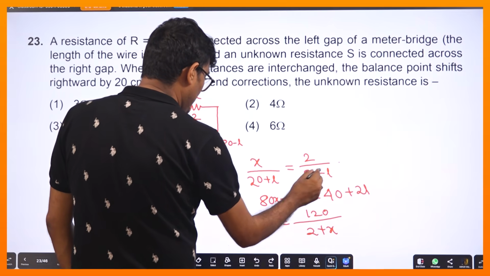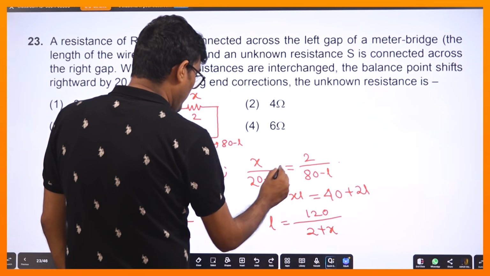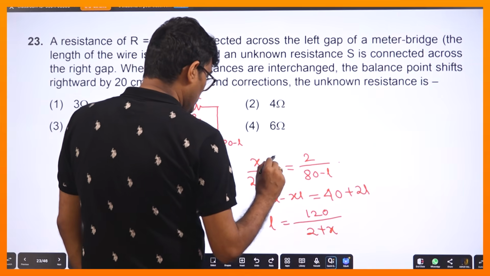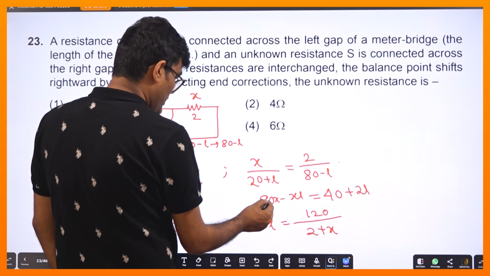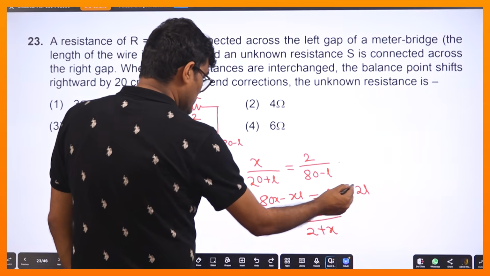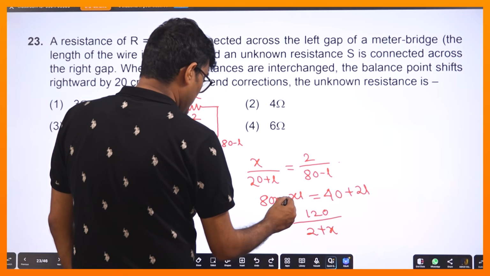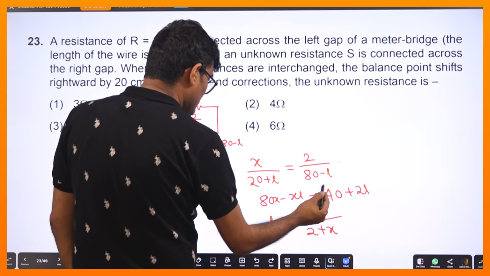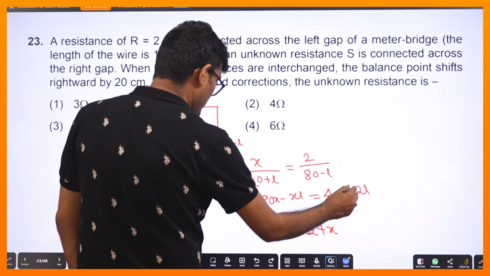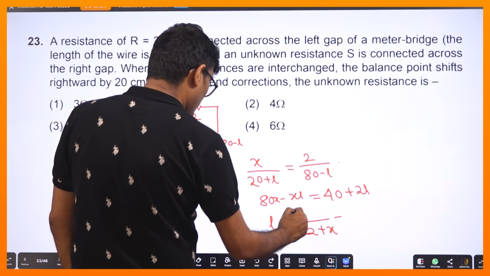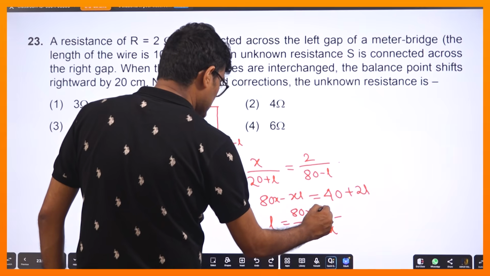So x into 80 minus x into L equals 40 plus 2L. If I take L common on one side, so 2 plus x times L is equal to 80x minus 40. So in the numerator we will have 80x minus 40.